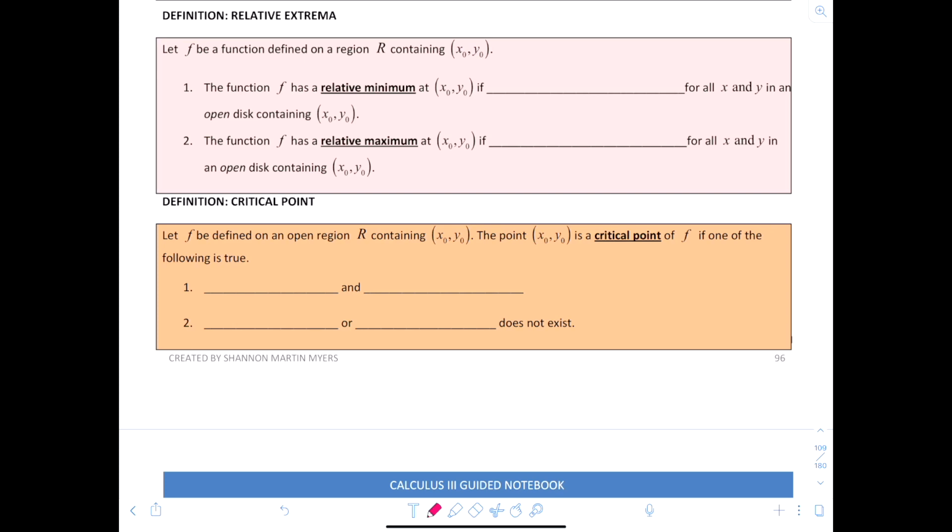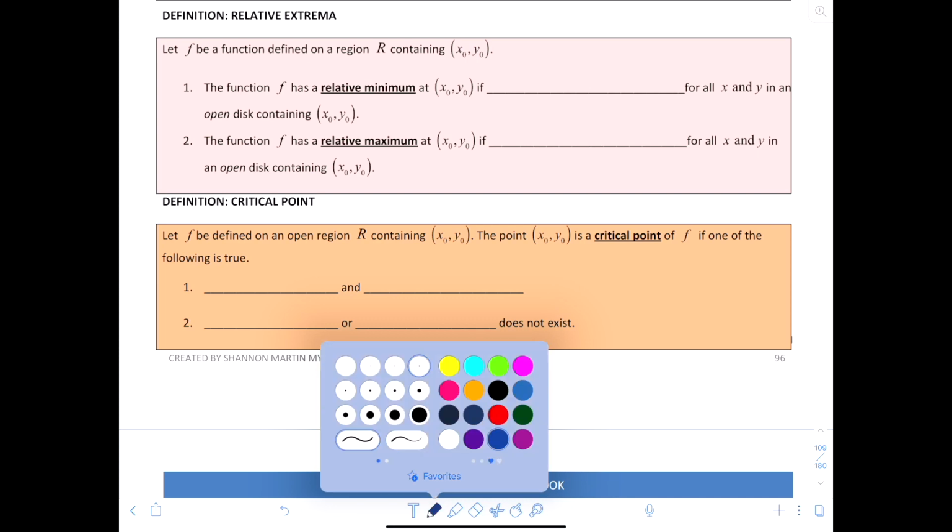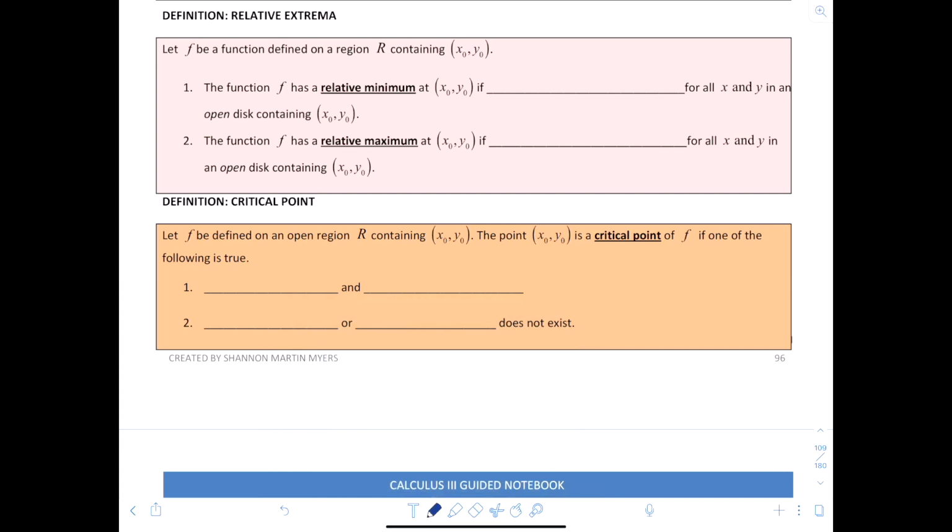And so f has a relative min at x0, y0 if the function values, f of x and y, are greater than or equal to f of x0, y0 for all x and y in an open disk containing x0, y0.